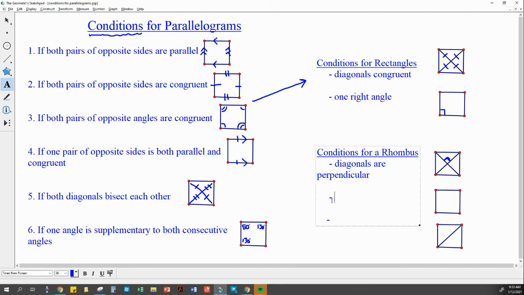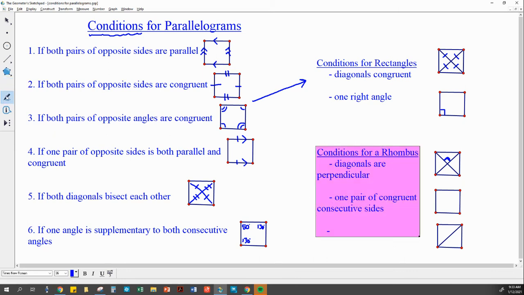Also, and this is a little bit more tricky, if we have one pair of congruent consecutive sides.